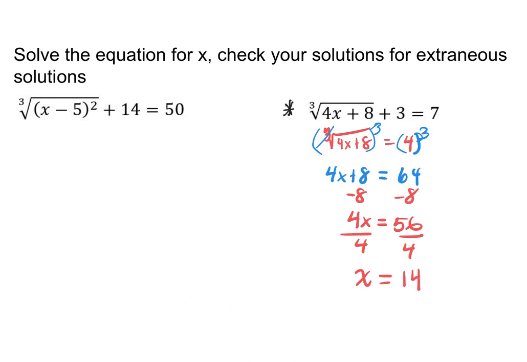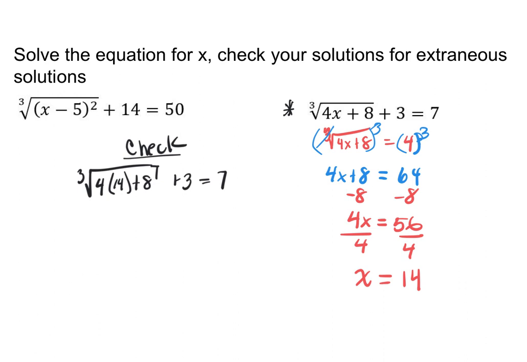I want to check my solution by plugging into the original. So the cube root of 4x plus 8, plus 3 has to equal 7. So 4 times 14 plus 8 is 64.